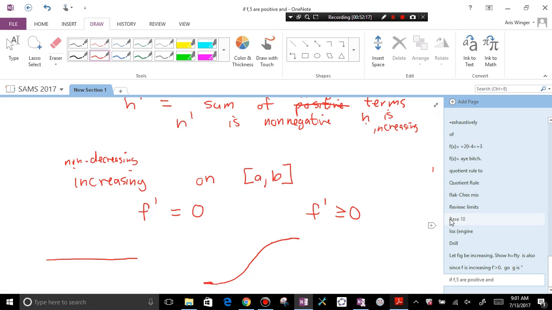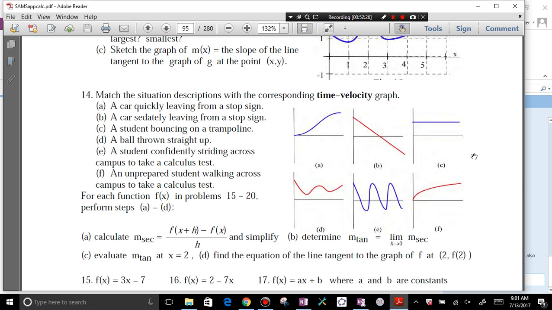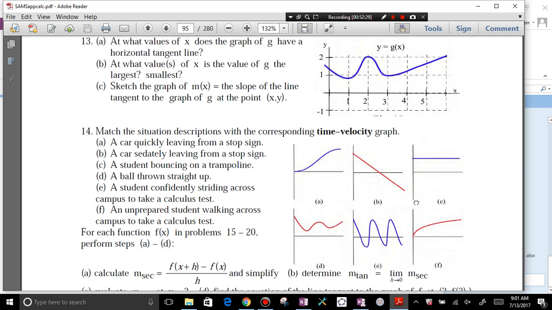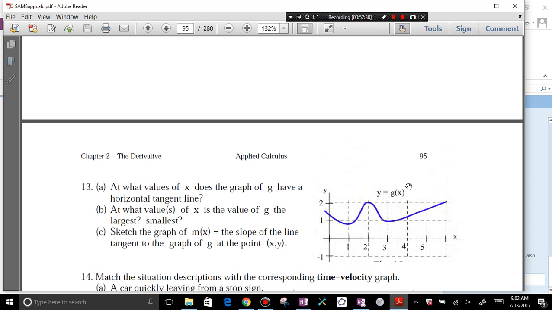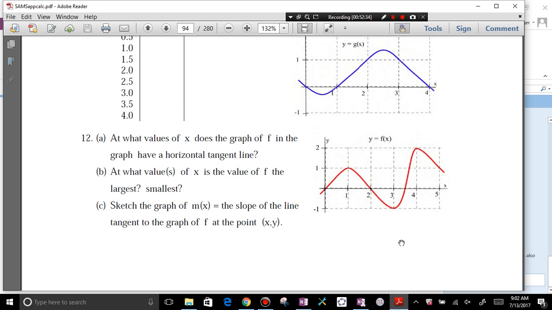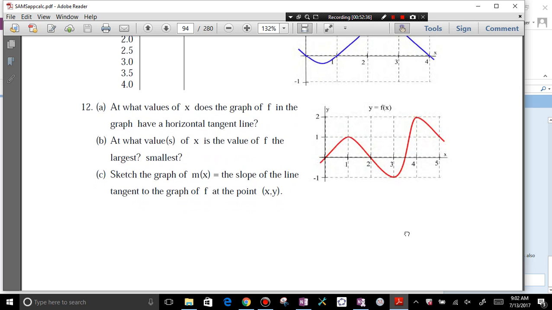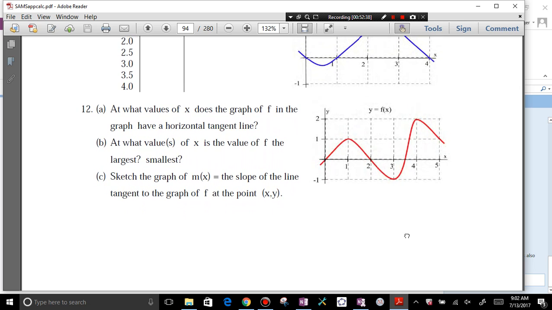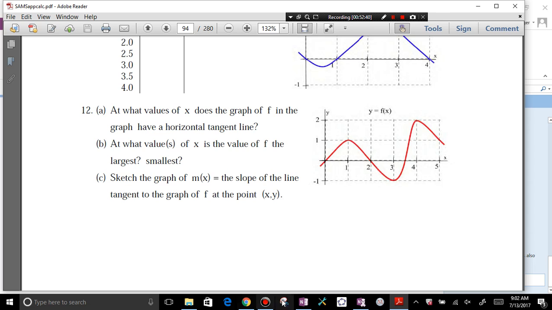So these conceptual questions will come up in random places. Okay, let me go into the book. Classic question.